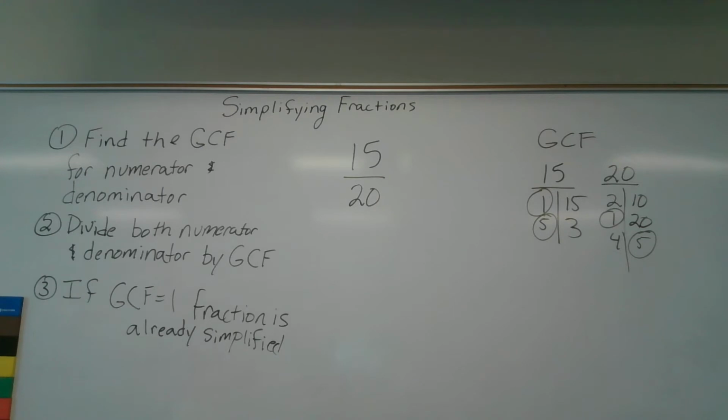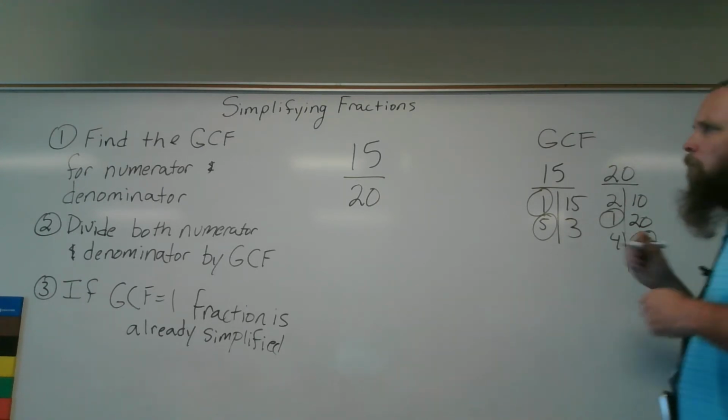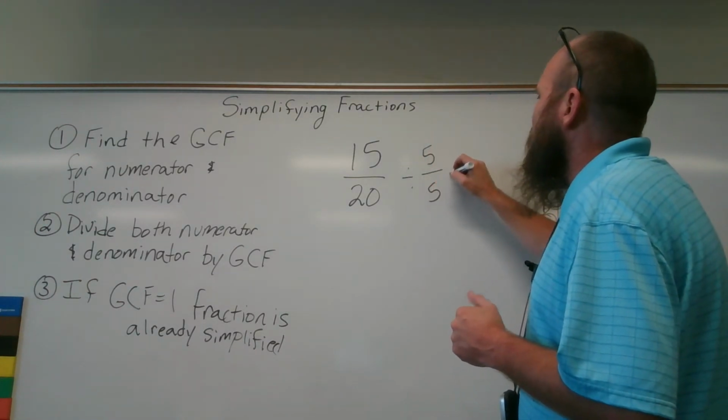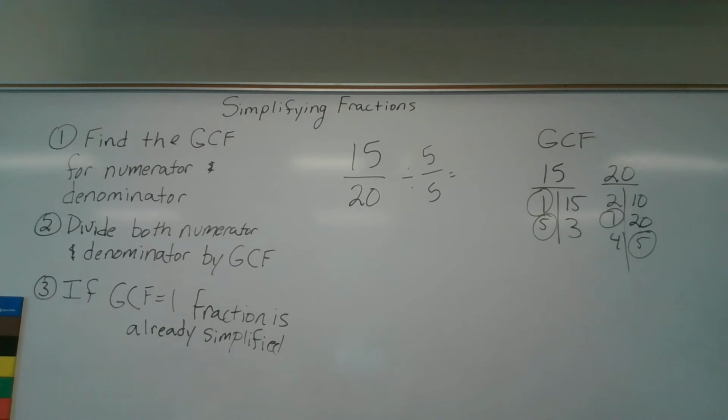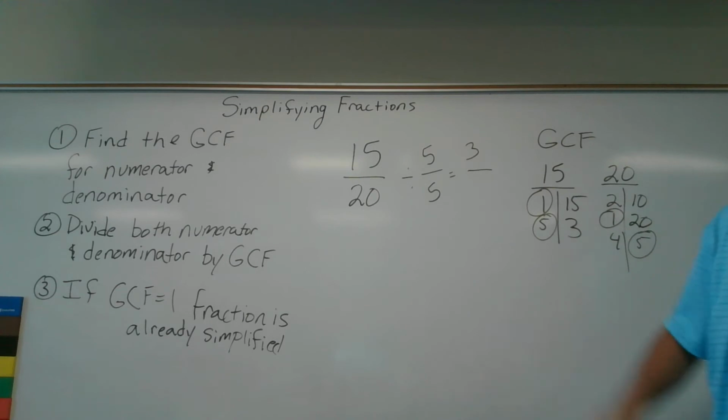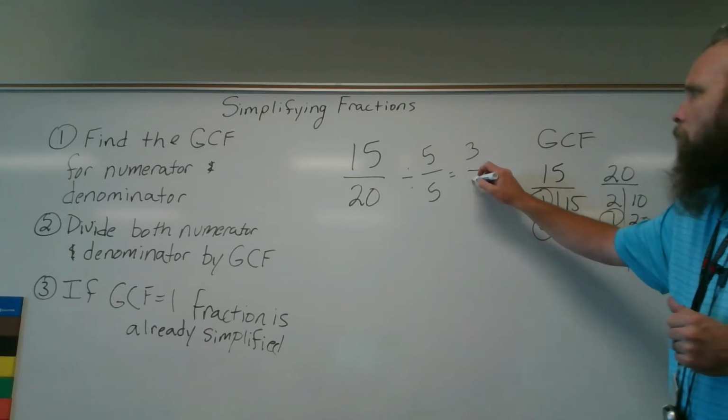Tatum, what is my greatest common factor? 5. I divide both my numerator and denominator by 5. Let's call Ethan. What is 15 divided by 5? 3. And Ethan, what is 20 divided by 5? 4.